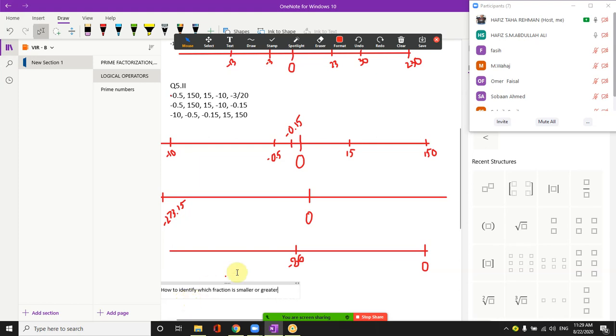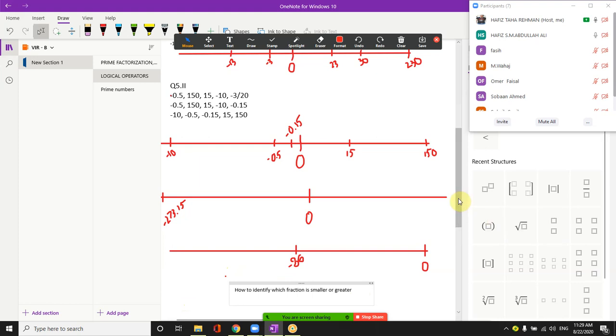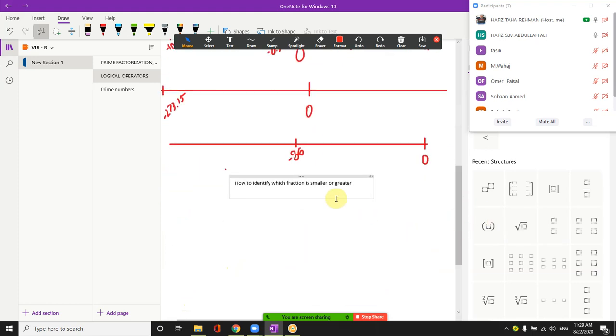We are going to learn this. Okay, beta? Abdullah Ali, Fasi, Wahaj, Umar Faisal, Subhan Ahmad, Suhaib, Saqib.